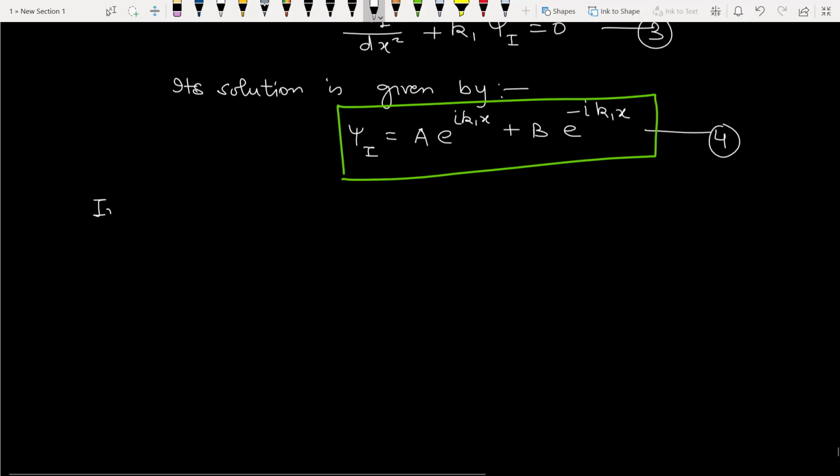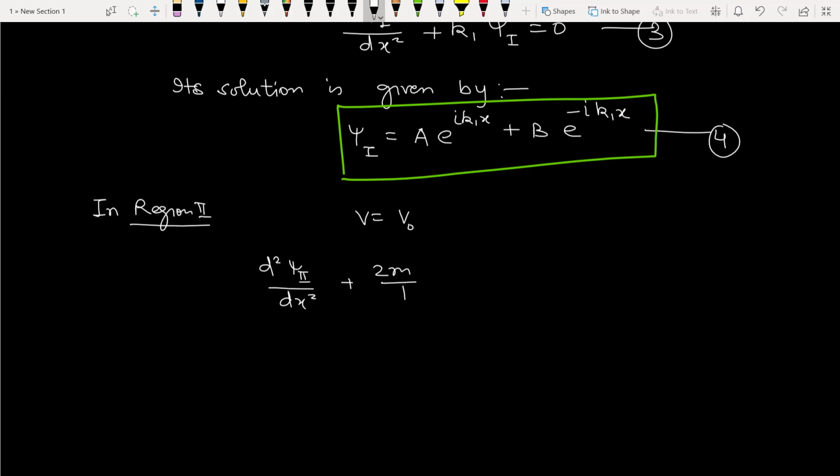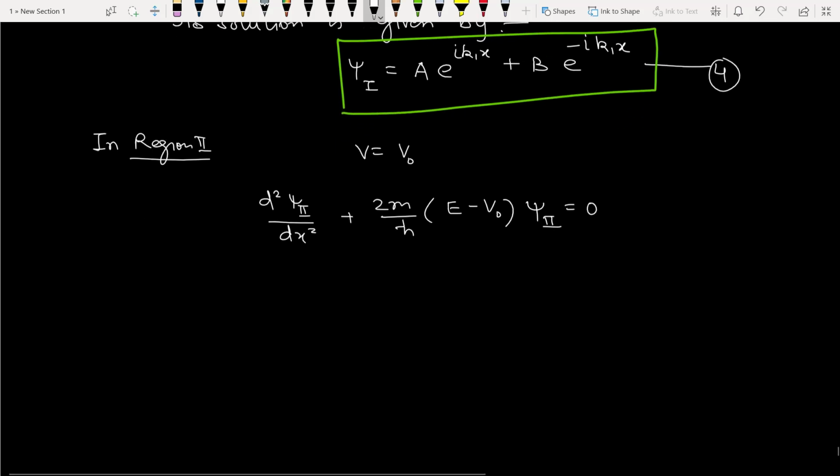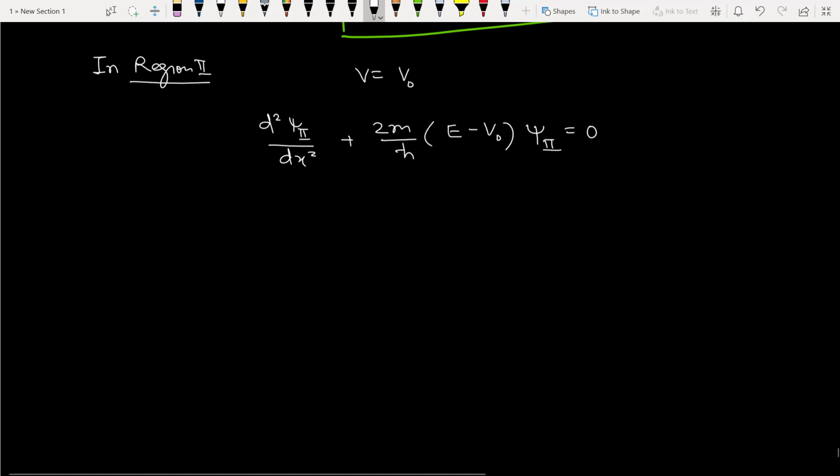In region 2, V is equal to V naught in the Schrodinger wave equation. Here the wave function will become psi 2 in region 2, and instead of V, we will write V naught. As E is less than V naught, we rewrite this equation by taking minus sign common.